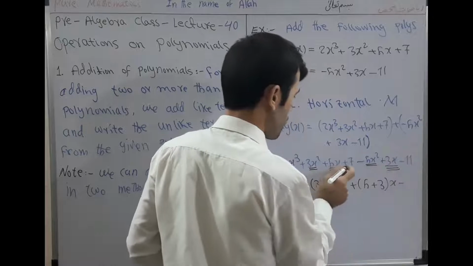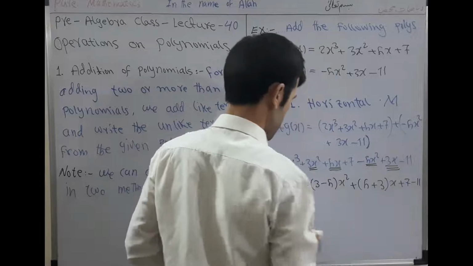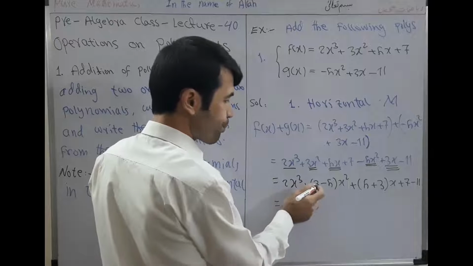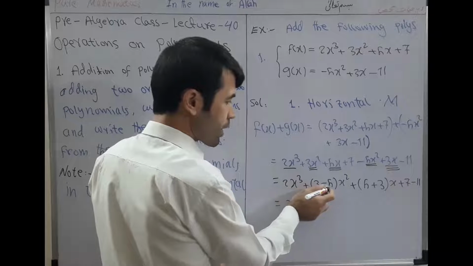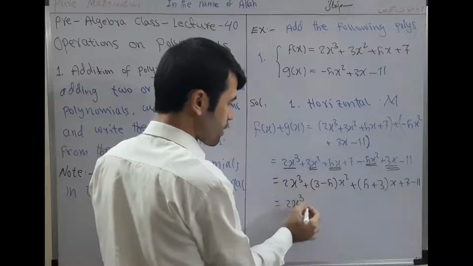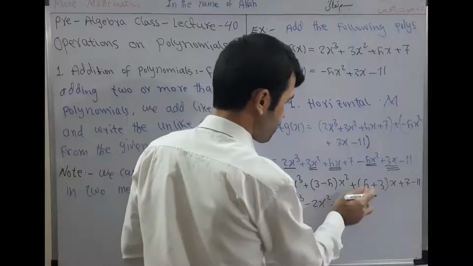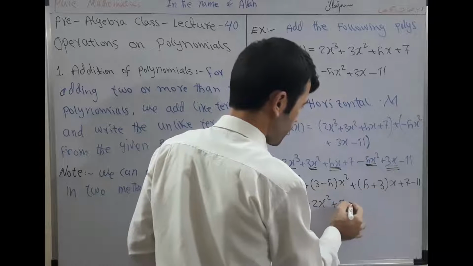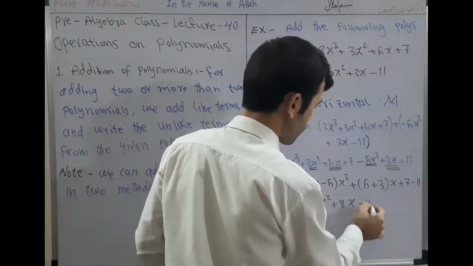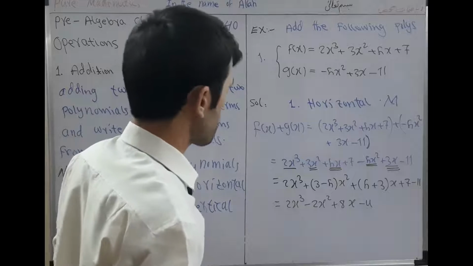Then here we have plus 7 and here we have minus 11. Now it is equal to 2x cube, 3 minus 5, minus 2x square, plus 5 plus 3, 8x, plus 7 minus 11, minus 4. It was the first example.